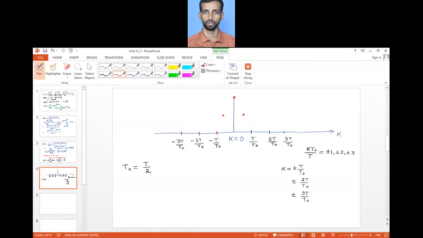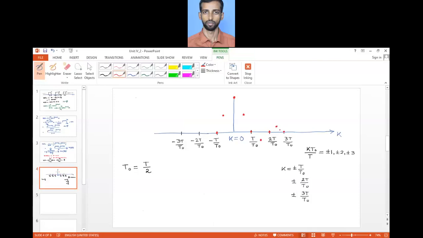Then you have k is equal to minus 2 there, k is equal to plus 2 there. Then you have k is equal to 3 there. Then k equal to 4 there. Then k equal to 5 there. Then k is equal to 6 there.